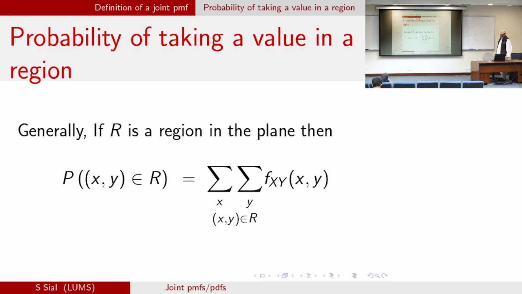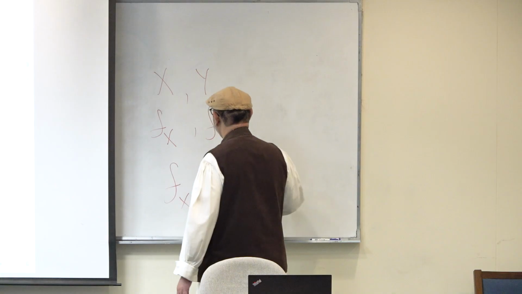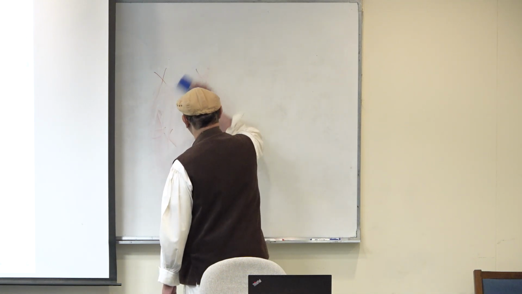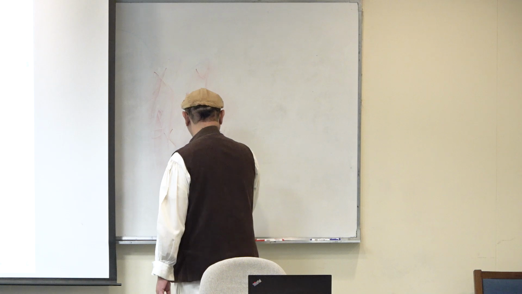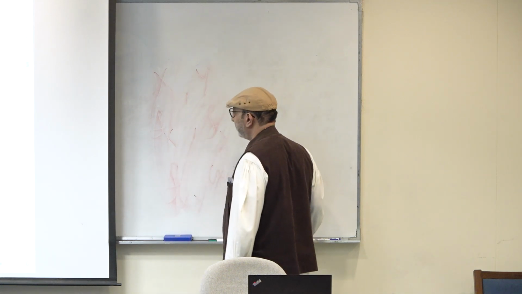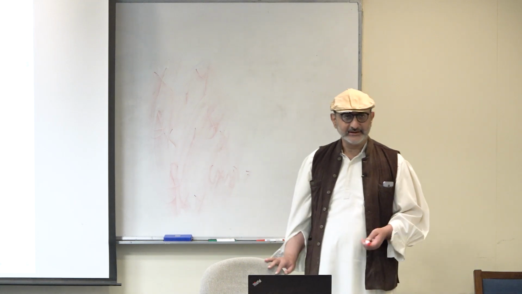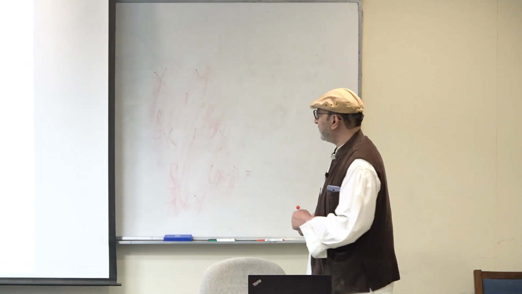Okay, now, if I wanted the probability, I might want a probability something like this: that X can take values from 2 to 4, and Y can take values from 0 to 7, or something like that.